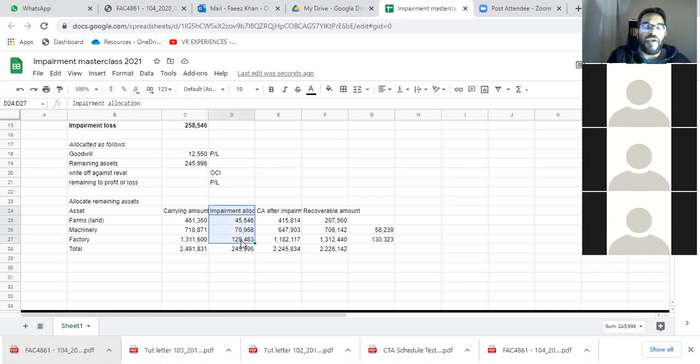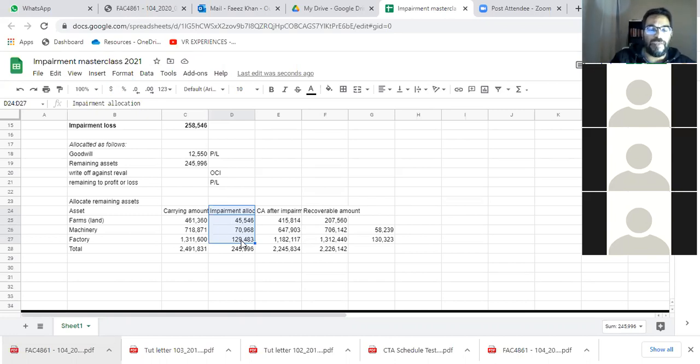You're going to have to make sure that the carrying amount is not less than the recoverable amount. Okay, so just take note of that. But there's another part to this. You must make sure that the reallocation does not exceed the initial impairment.